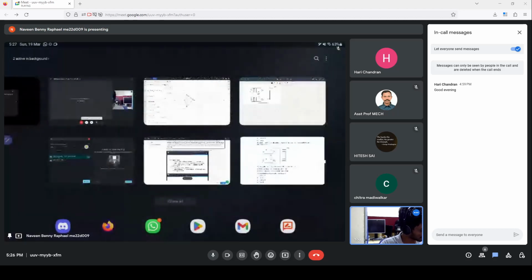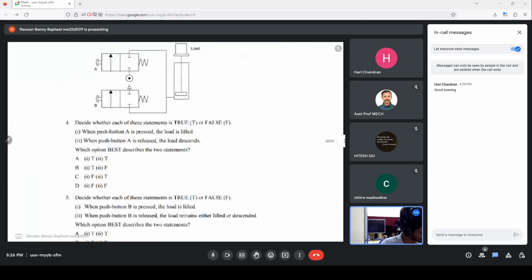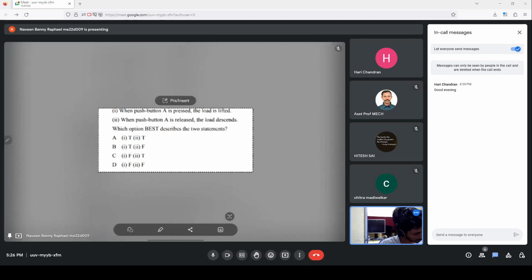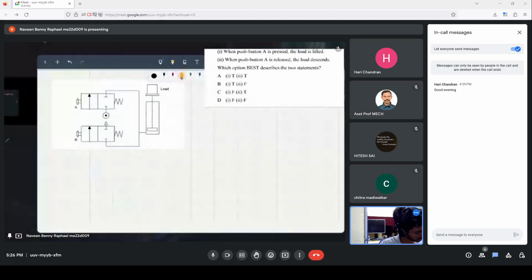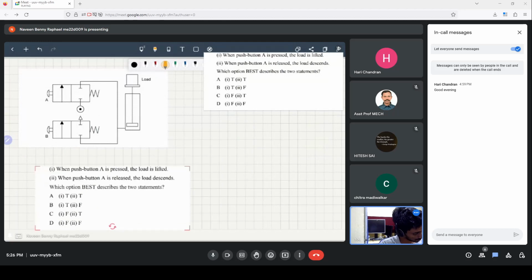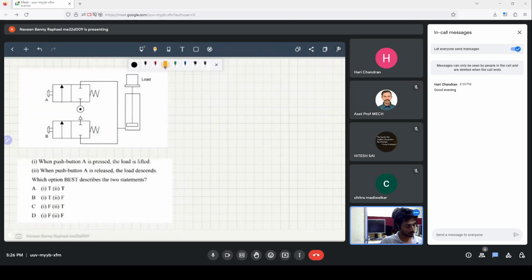So here we have a cylinder connected to two valves, and the first question is, I hope the question is clear.